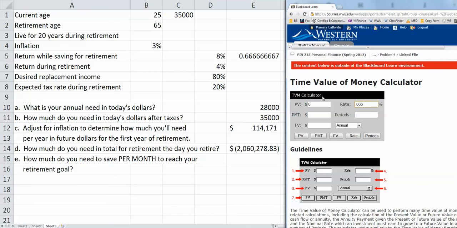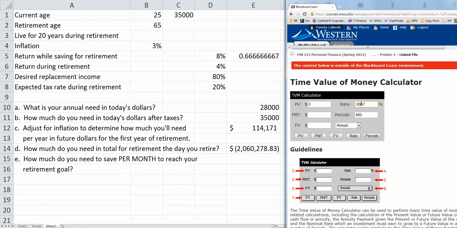And I'm going to carry it out a few decimals because if I rounded it straight away to 0.7, let's say, it's going to give me a pretty hefty rounding error, and I would rather not have rounding errors if I can avoid them. My payment is what I'm actually solving for. The number of time periods will be the 40 years times 12 months, or 480.